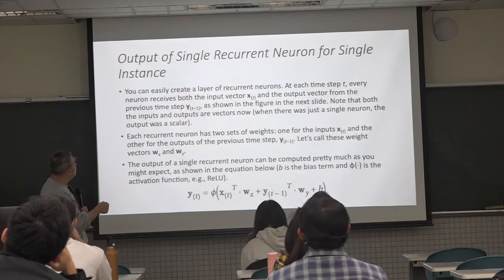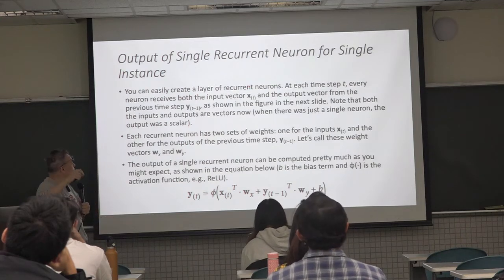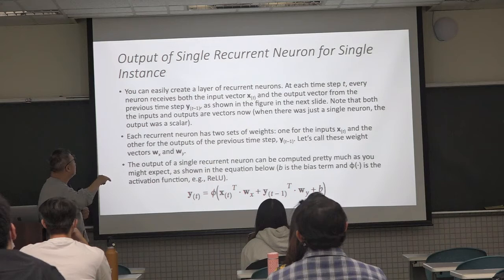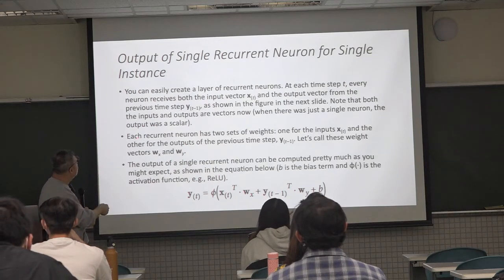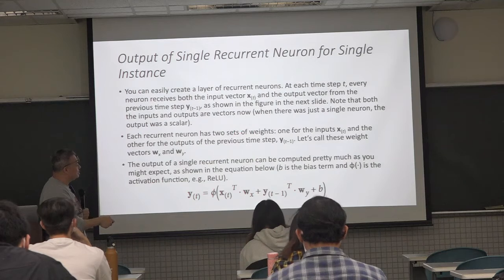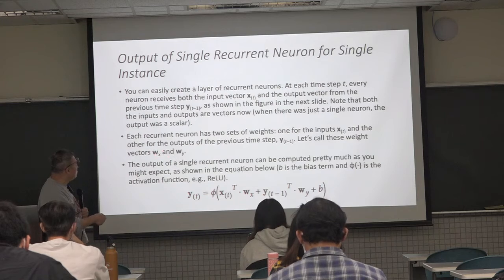But now, when you have a layer of recurrent neurons, all these outputs will be fed back to every neuron in this layer. Each recurrent neuron has two sets of weights, one for the input xt and the other for the output of the previous time step yt-1. We call these weight vectors wx and wy.